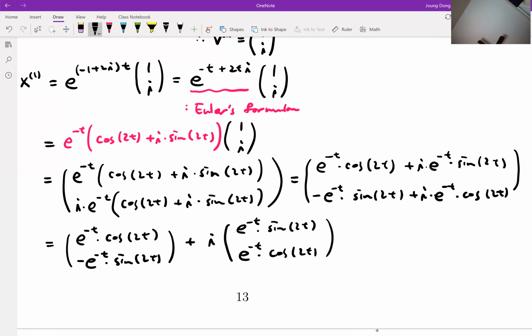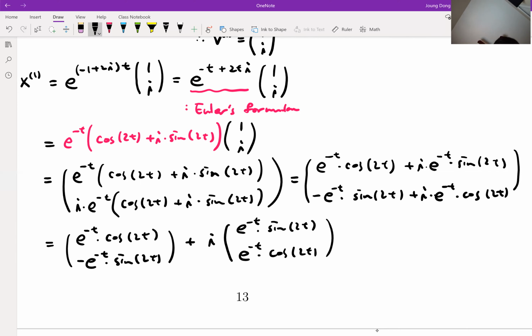Please keep in mind, even though these two separate vectors came from only one eigenvalue and eigenvector, it is a linear combination of two different vectors, because i is a constant. Does it make sense? We have to verify that these two vectors form a fundamental set of solutions.